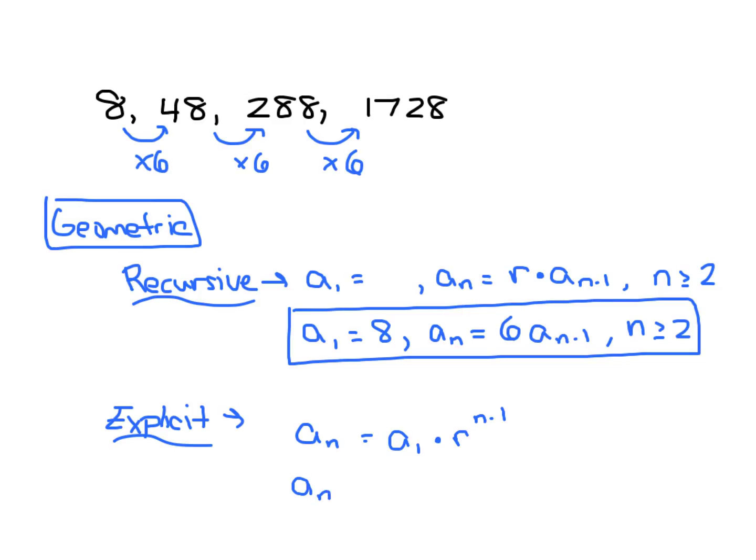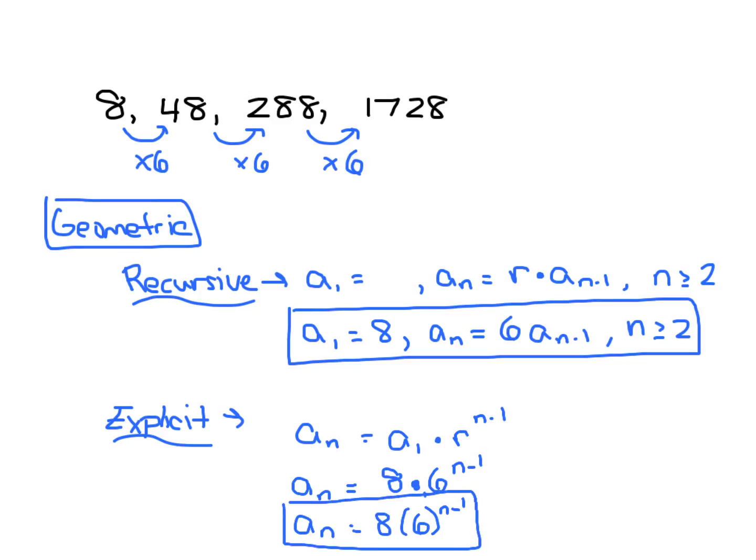So for any term, it's going to be our first term of 8 multiplied by our common ratio of 6 to the n minus 1 power, and traditionally this is written with the parentheses, so 8 times 6 to the n minus 1 power. And that is our explicit formula for geometric sequences.